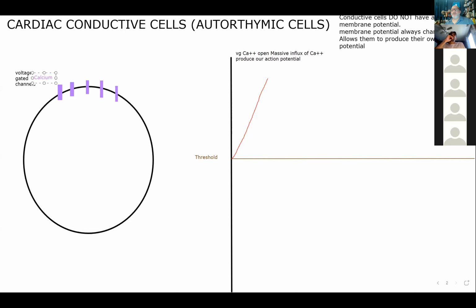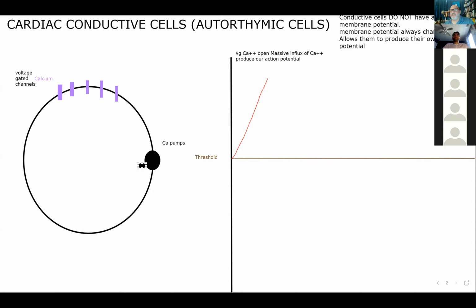Now, as we know, cells don't like having calcium inside of them. So one of these things these cells always have are things like calcium pumps. These calcium pumps are, of course, going to use ATP.